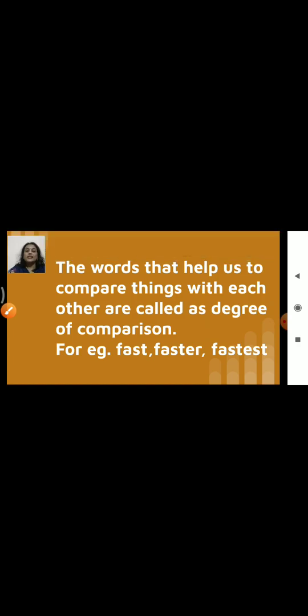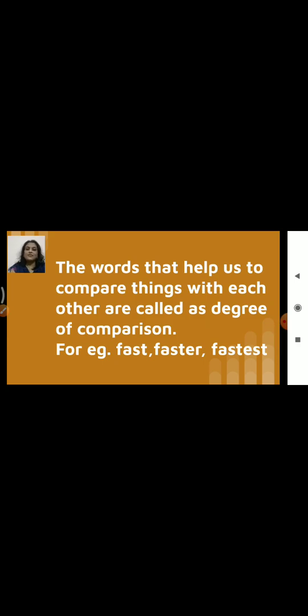So now what to do? What are they? We compared, right? We compared three animals. So what we can say, the words that help us to compare things with each other are called degree of comparison. What are they called? Degree of comparison.